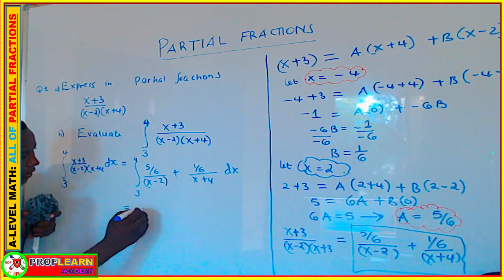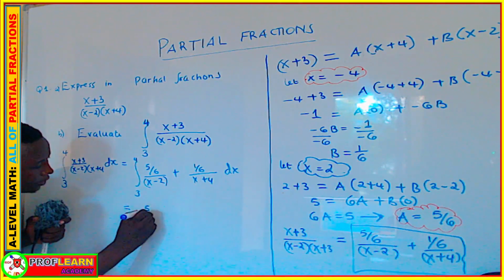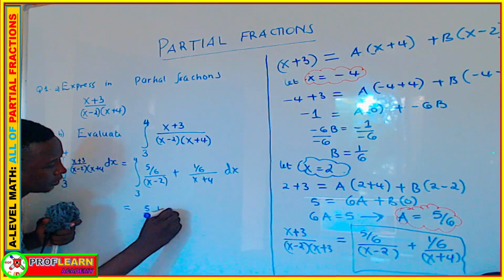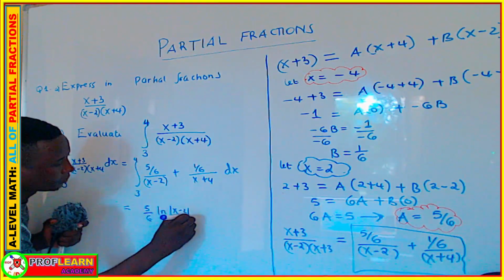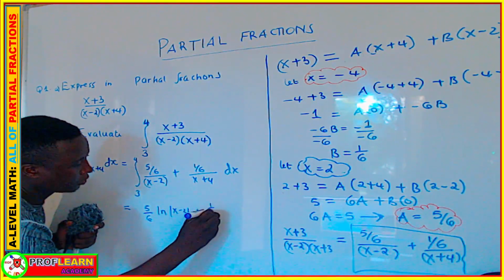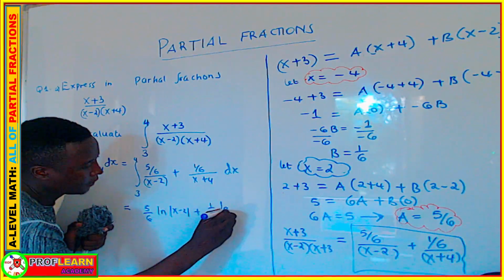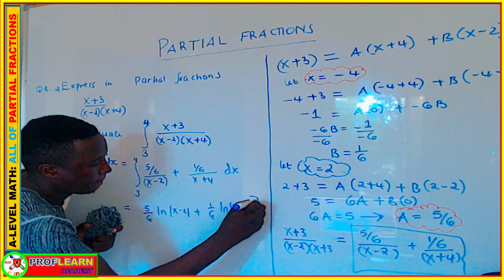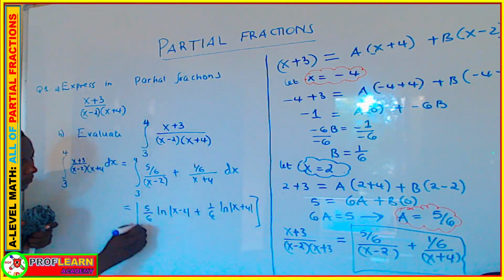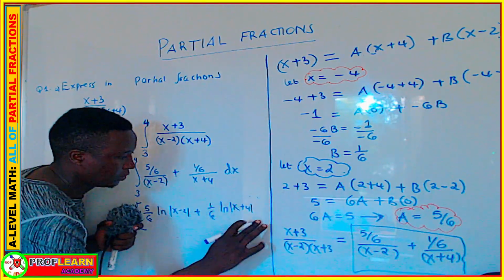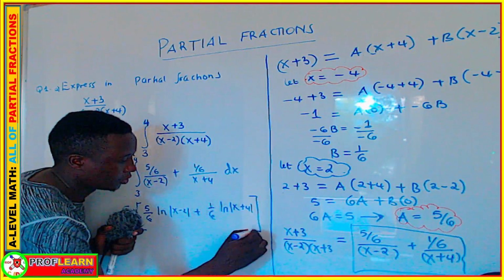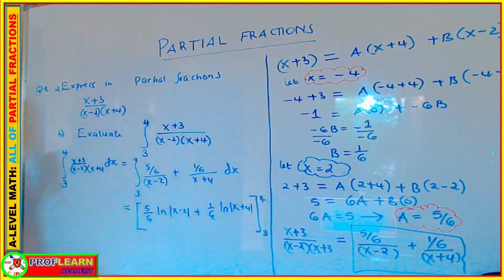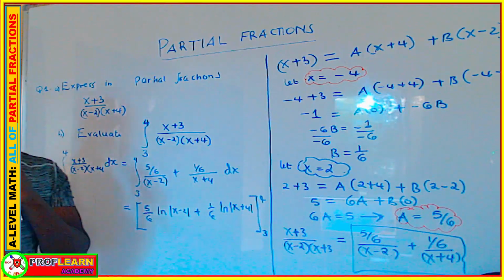Now you can integrate term by term, so this is going to end up being 5 over 6 ln of x minus 2 plus 1 over 6 ln of x plus 4, and the limits of integration are from 3 all the way to 4.